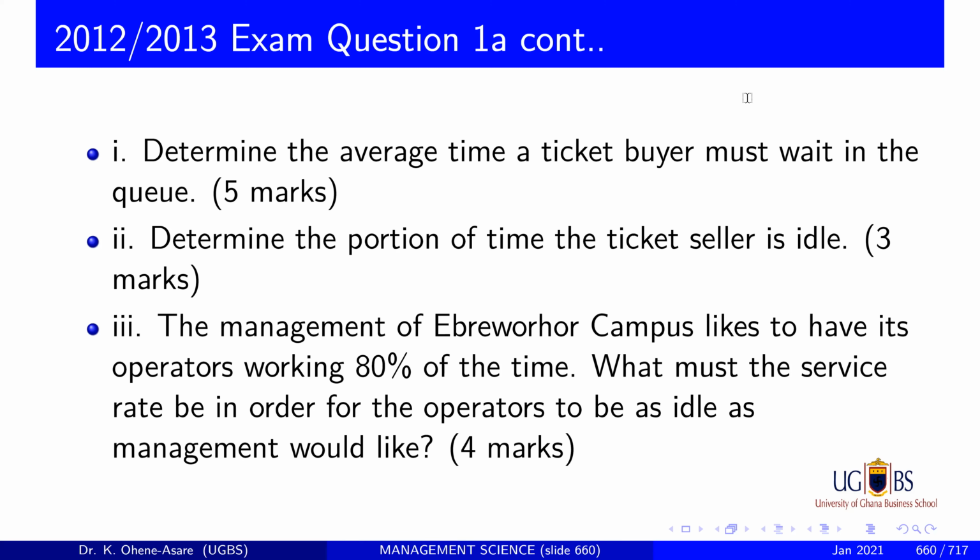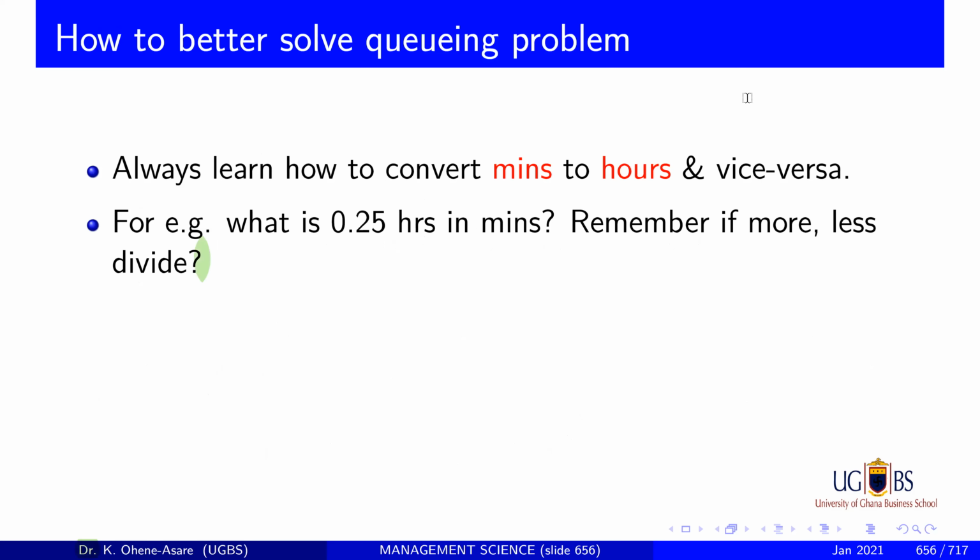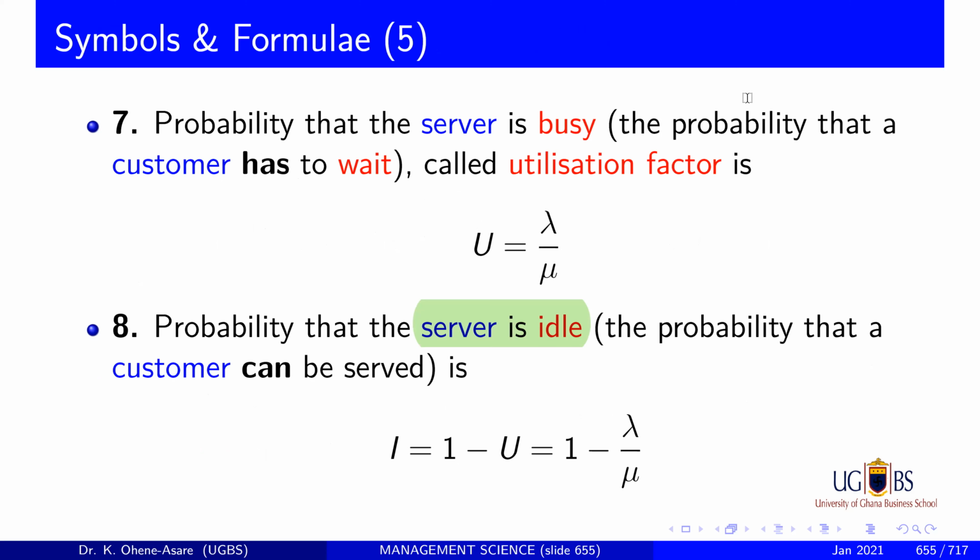So tell us the portion the seller is idle. Now watch carefully, if you can remember the portion of the idle time. Okay, this is it. The idle time is I, which is 1 minus the utilization factor.